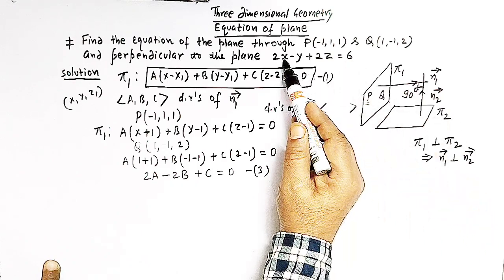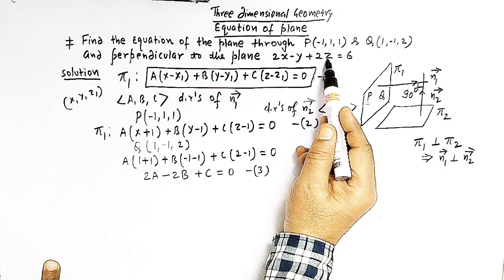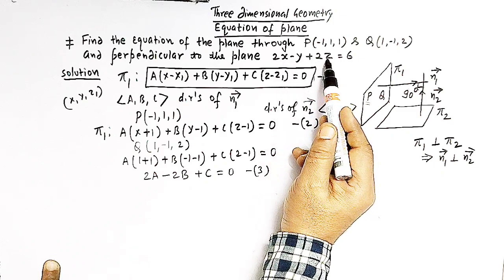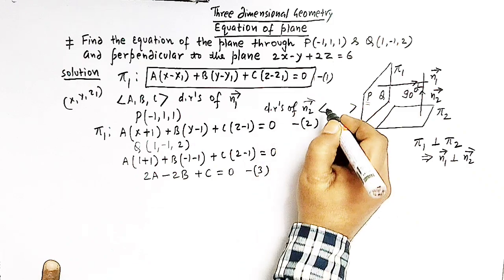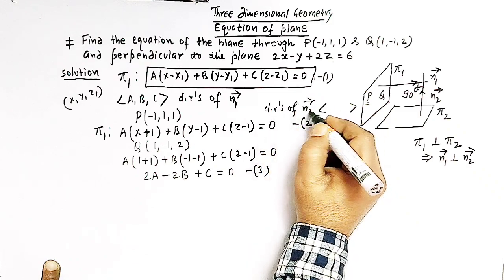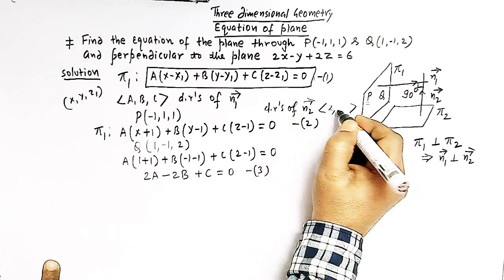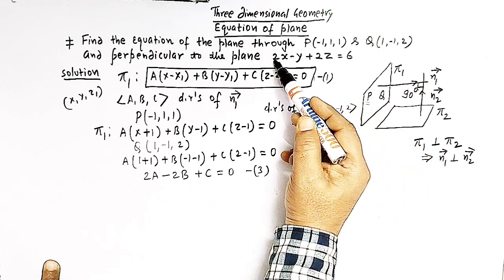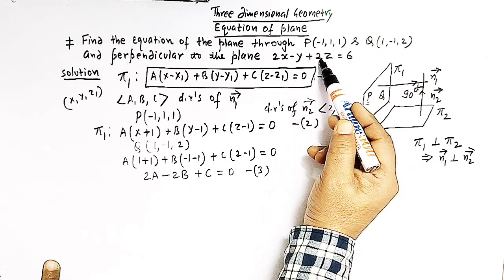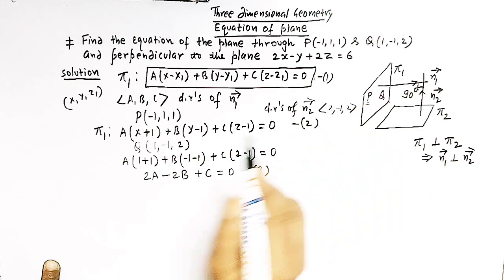So here the coefficients of x, y, and z give us the direction ratios of the normal vector n2. So we have the direction ratios of vector n2 as 2, minus 1, and 2, right?